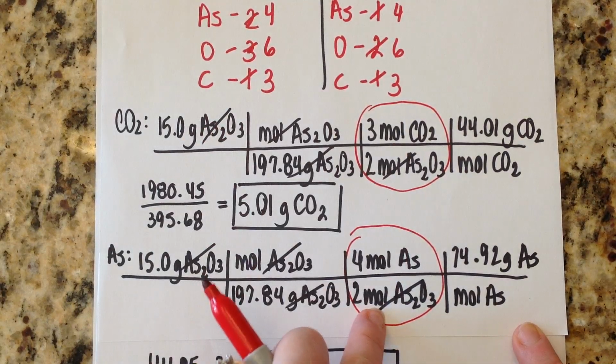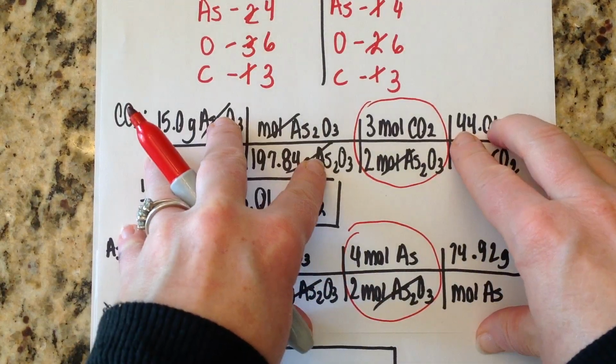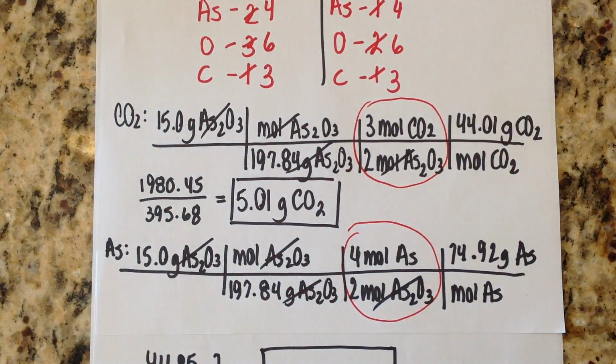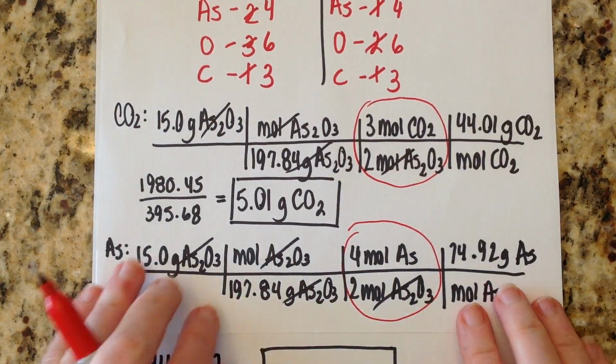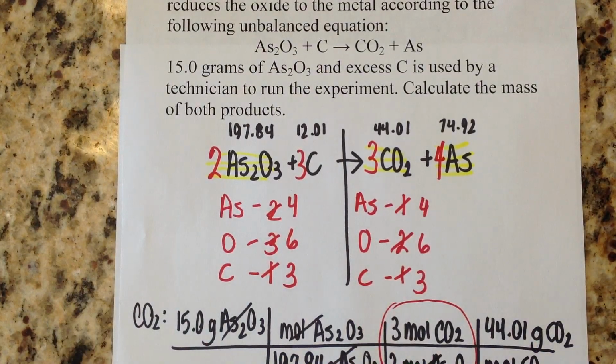And then if the problem requests that you put it in grams, just do a real easy mole gram conversion at the end. This stuff on the far end of either problem is just housekeeping. You guys know how to go back and forth between gram and mole. This is the heart of the problem: the mole to mole ratio that always comes from the coefficients in the balanced equation.